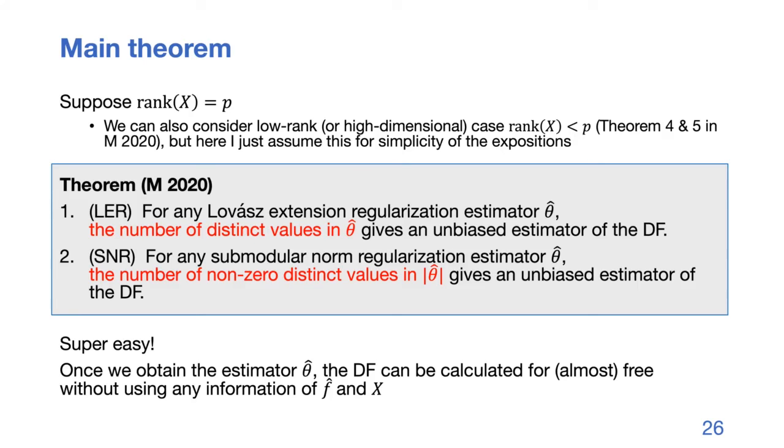Okay, so I think these are super easy, because once we obtain the estimate of theta hat, then we can calculate the degrees of freedom almost freely, because we don't need any information of the underlying submodular function and design matrix.